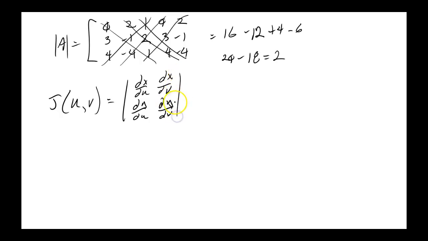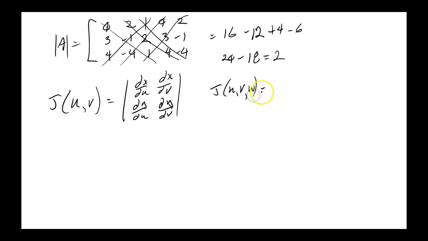Okay. All right. The Jacobian, and by the way, we'll get back to that later. Let's go with the Jacobian of a 3 by 3.